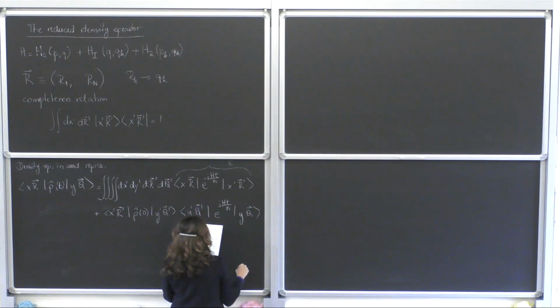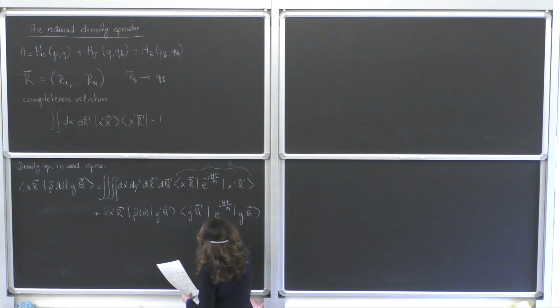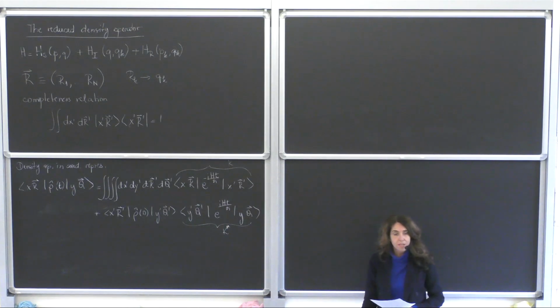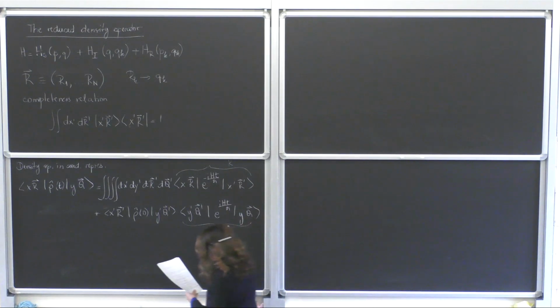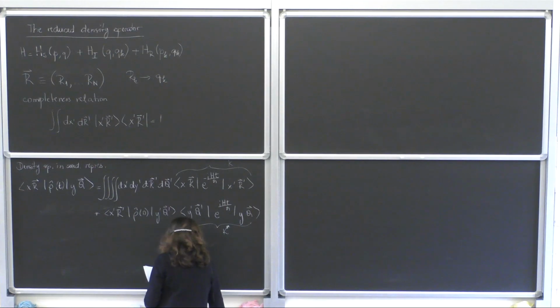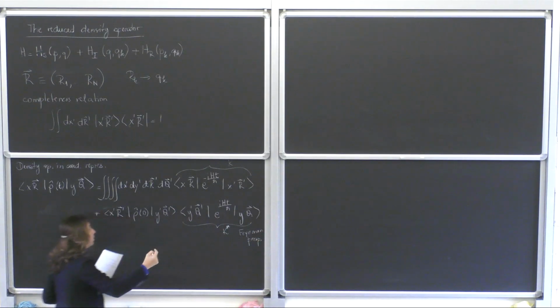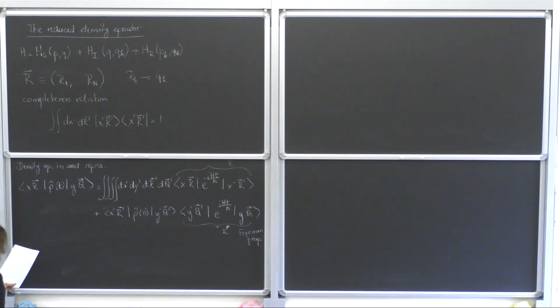So this is the Feynman propagator, and this I also can recognize as the inverse Feynman propagator, K star, right? So those are Feynman propagators, forward and backward in time.